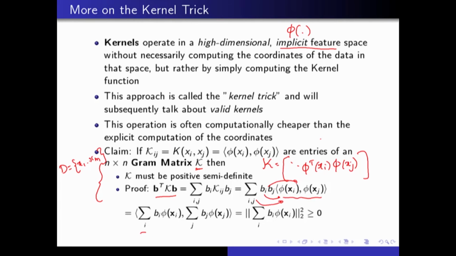So i and j basically get distributed, and what you have is a dot product of two linear combinations of vectors over all the points. Now what are i's and j's?